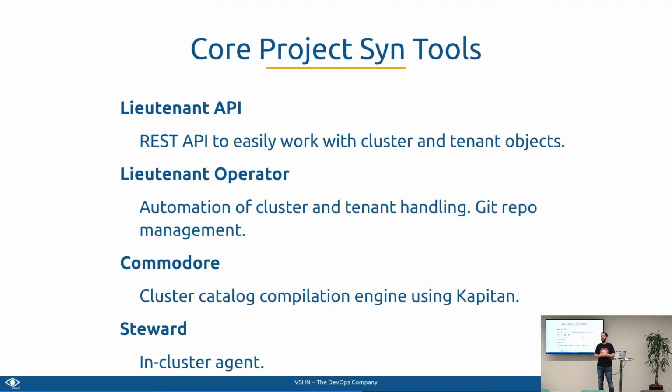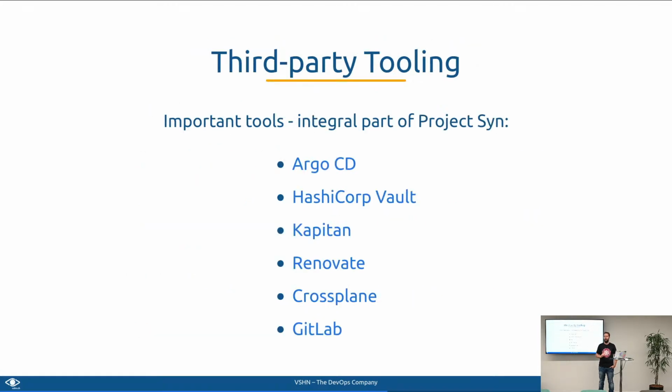The core Project Syn tools are, as you have seen in the diagram, the Lieutenant API, the Lieutenant Operator, Commodore, and Steward. These are the main tools which are being developed in Project Syn. And we also use a lot of third-party tooling. For example, Argo CD. Without Argo CD, the whole process wouldn't work.